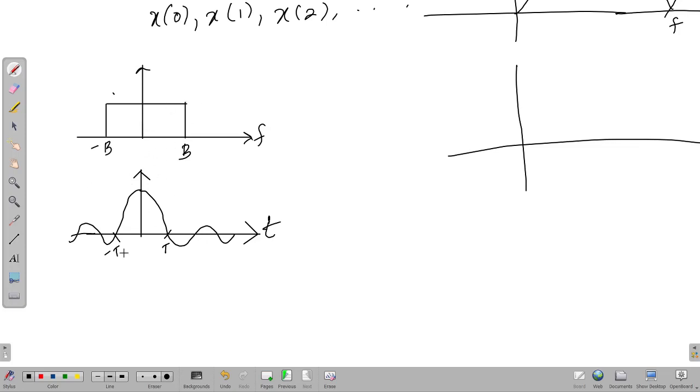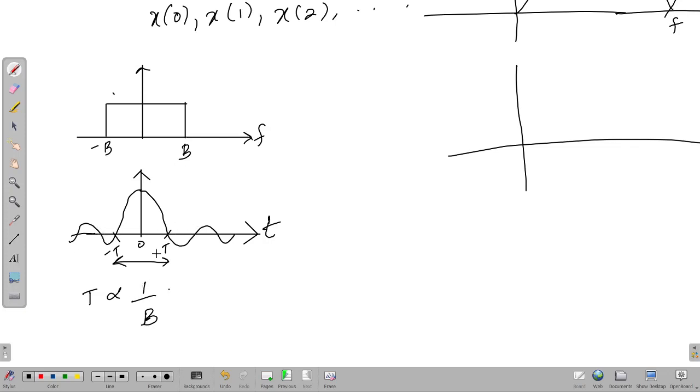Then you have to know this relation, that this time duration is actually 2t, where t is from 0 to t. This t is inversely proportional to b, the bandwidth of the signal.